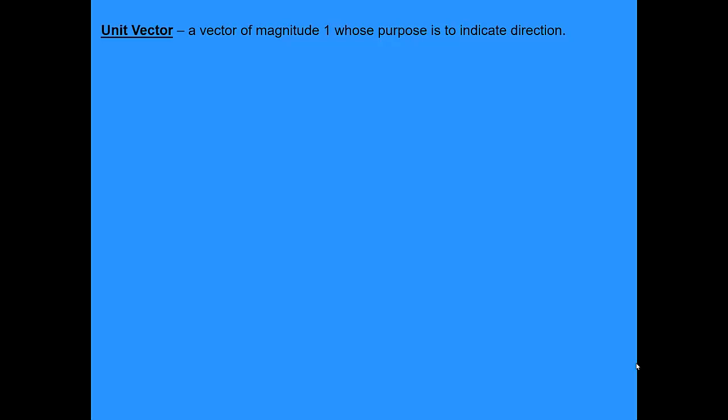If it was a velocity vector, it would be 1 meter per second long. Because it's 1, the only purpose of a unit vector is to indicate direction. When you multiply, that doesn't change anything.